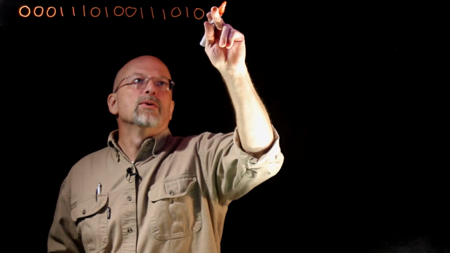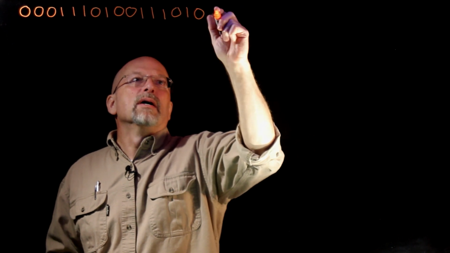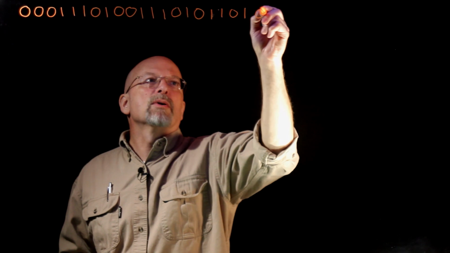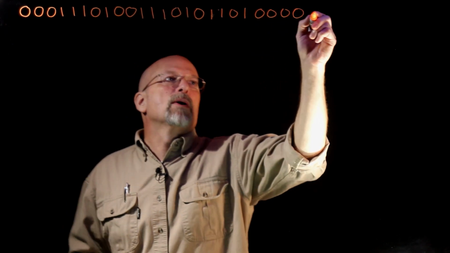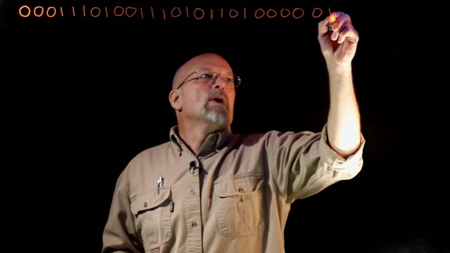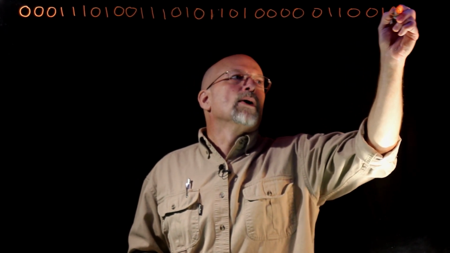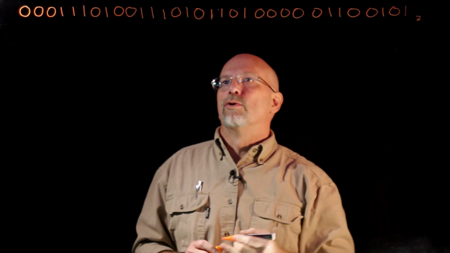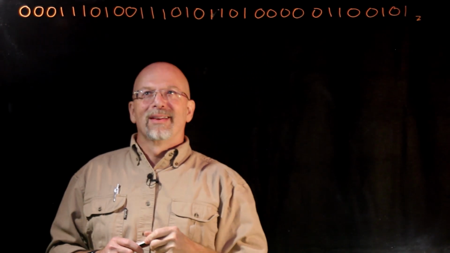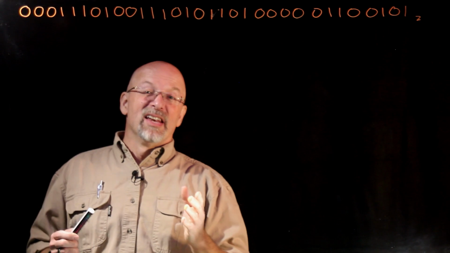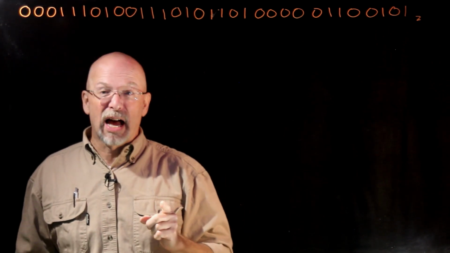How about we do 1, 1, 0, 1, 0, 0, 0, 0, 0, 1, 1, 0, 0, 1, 0, 1. And this is going to be a base 2 value. Now, I'll give you all a moment to copy that down. Not really into it? Don't feel like copying it down?